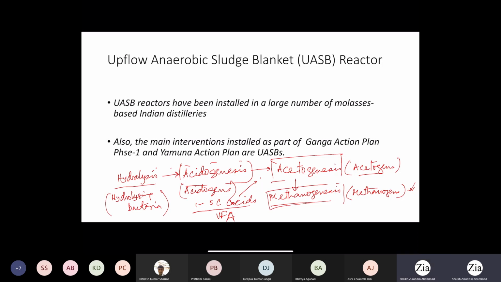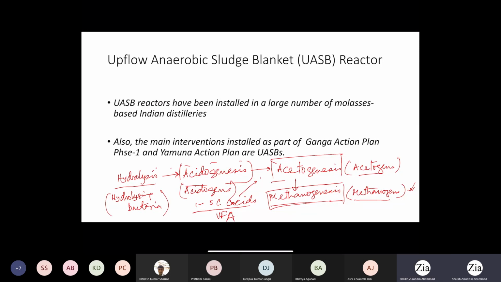So it is known that the bacteria involved in all kinds of steps like hydrolysis, acidogenesis, they are relatively fast growing bacteria. They don't take much time to grow, whereas methanogens take a significant amount of time to grow. And among all these bacteria, methanogens are known as archaea, and these methanogens are very sensitive.